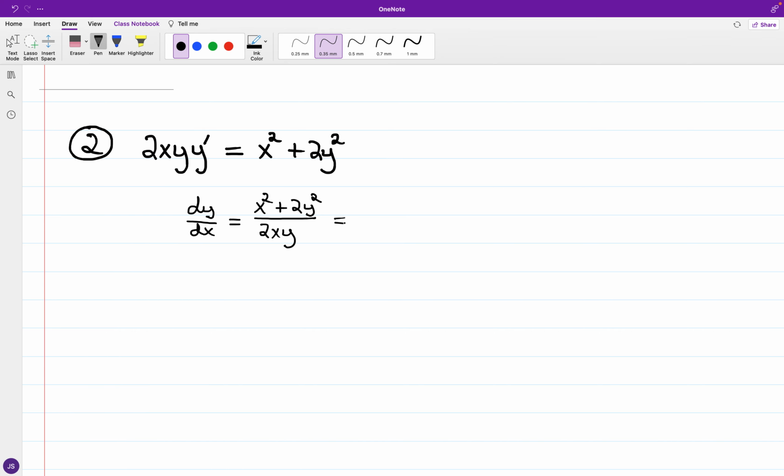If I look at separating, x squared over 2xy is going to be 1/2 of x over y, and 2y squared over 2xy is just 1 times y over x.